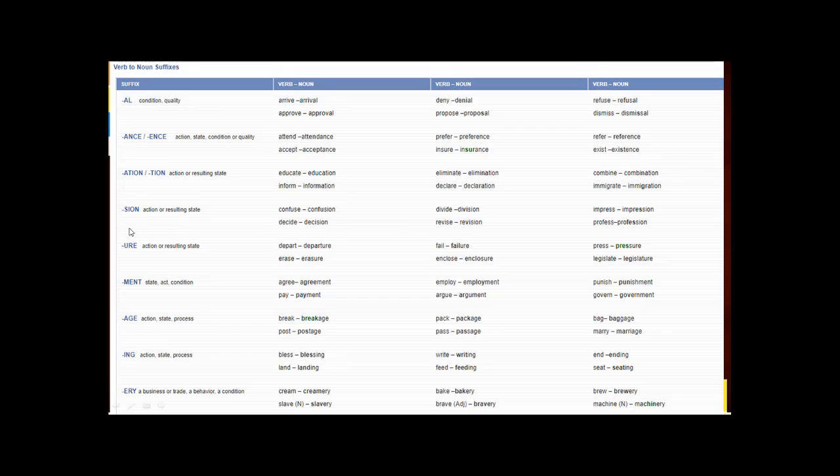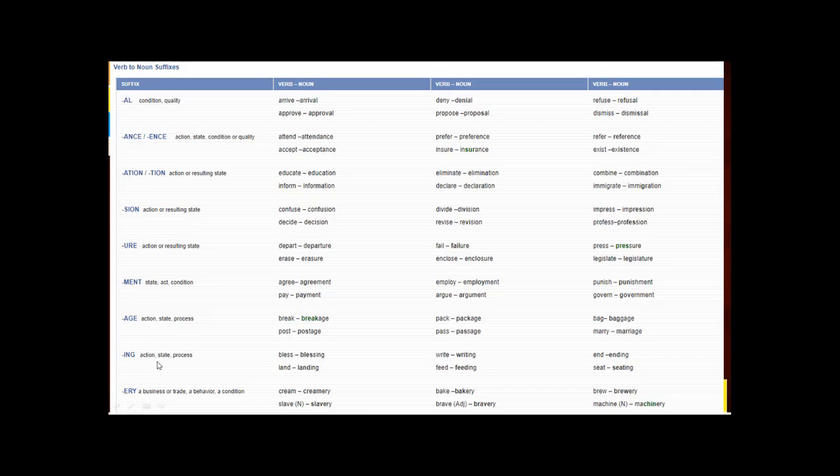A noun derived from a verb with the suffix SION tells about an action or a resulting state. The URE, about an action or also a resultant state. The MENT, a state, an act, or a condition. The AGE, action or a state or a process.